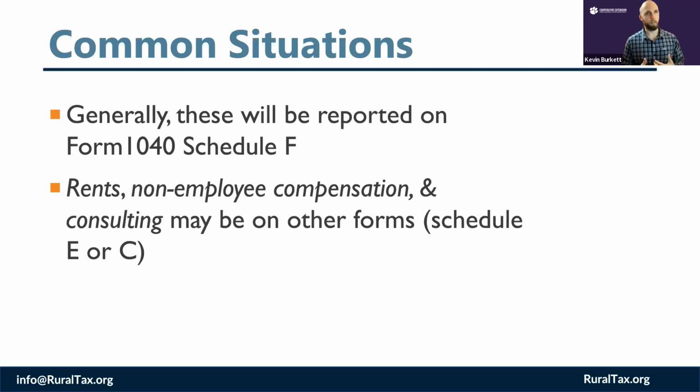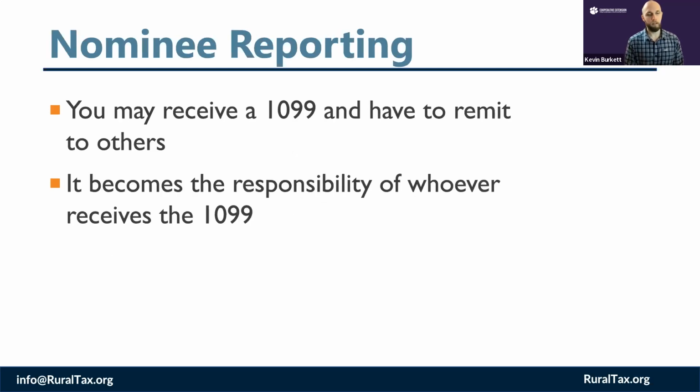So once you've received a payment, once you've received a 1099, then it's just a question of what does it relate to, where should it be reported, how should it be reported, and those kinds of things. And that's also where we start to get into the value of having a tax preparer, an accountant that you can work with and you really have a good working relationship with, and you say, hey, I've got this payment, I've got this 1099, what do I need to do to report it correctly?